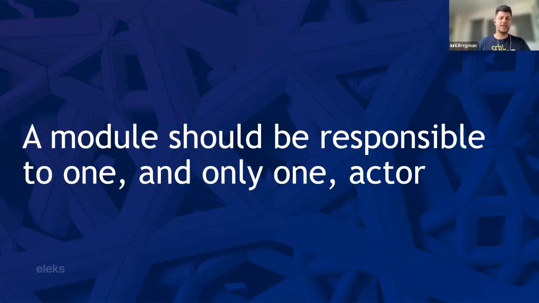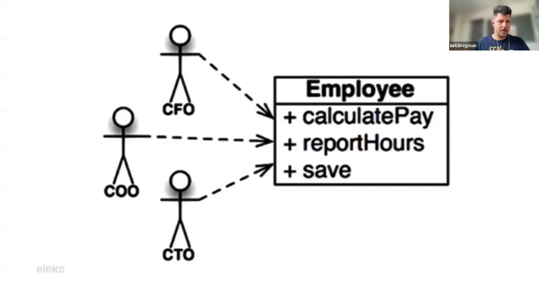Perhaps the best way to understand this is by looking at the symptoms of how to violate it. So this class Employee violates SRP because those three methods that we see here are responsible to three very different actors.